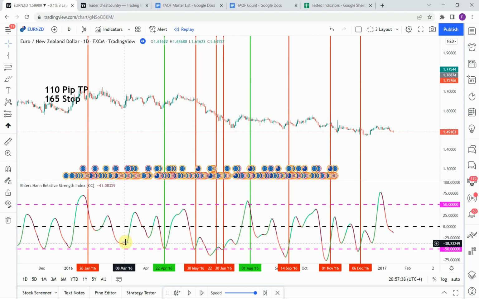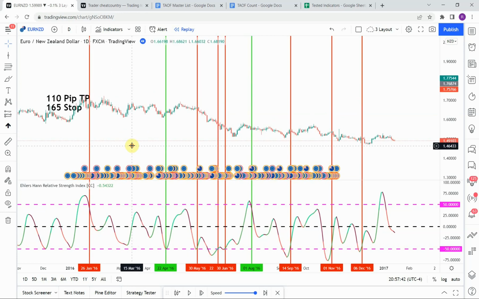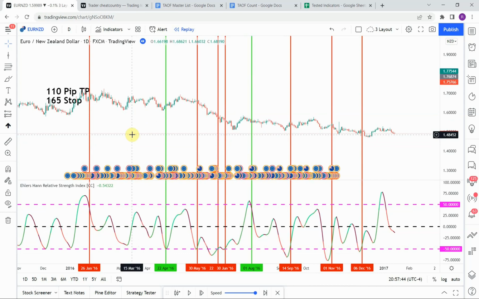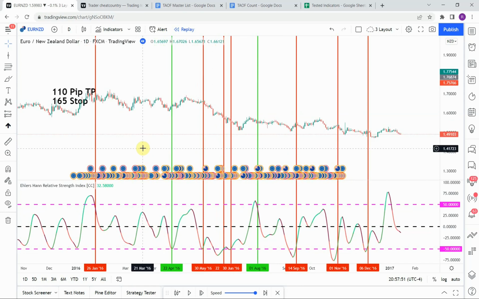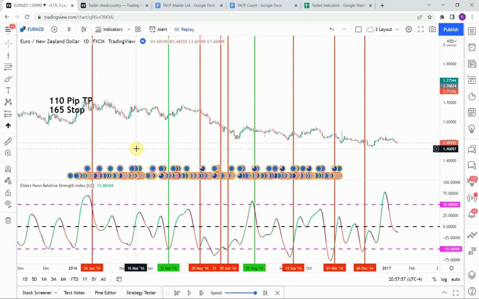It's just a matter of trying to figure out exactly how to dial that in to take advantage of what the indicator is showing us. And so, like I said, I thought this one might do all right, but obviously I was mistaken. That's just how it goes sometimes. Alright, that's it for this one. We're going to put this one on the no list and move on to the next indicator from here.